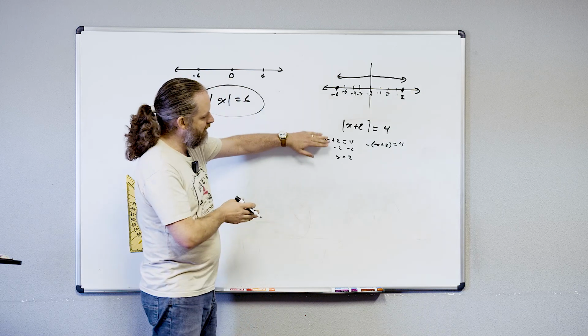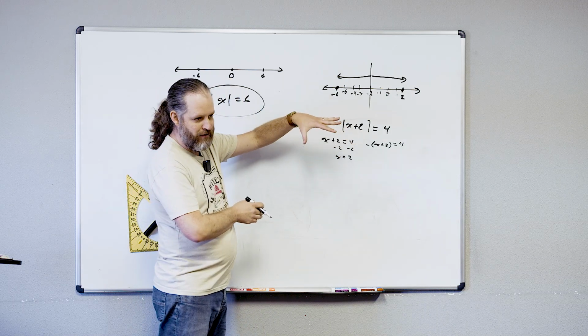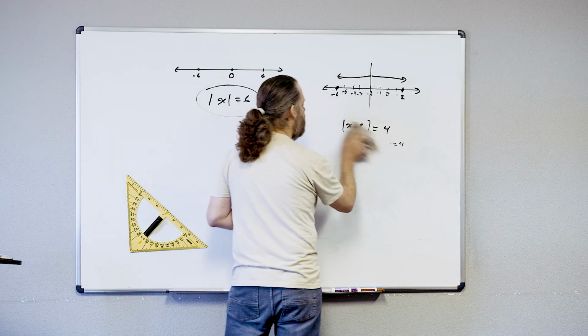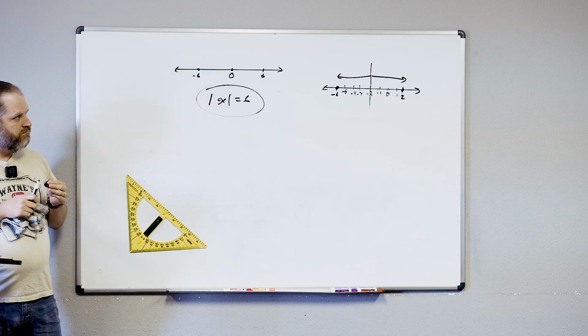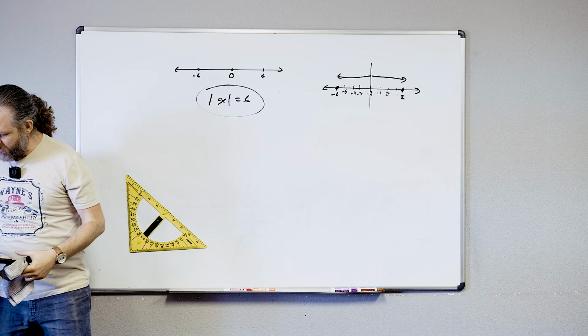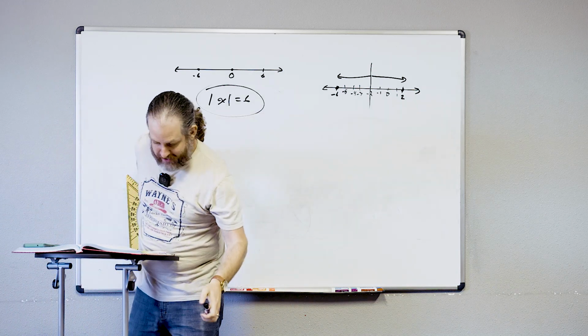So it's opposite because we have to do the opposite to get rid of it and move it over. So that's why it ends up being opposite, right? So that's how those work. It'd be x minus 2. That's right. That's right.